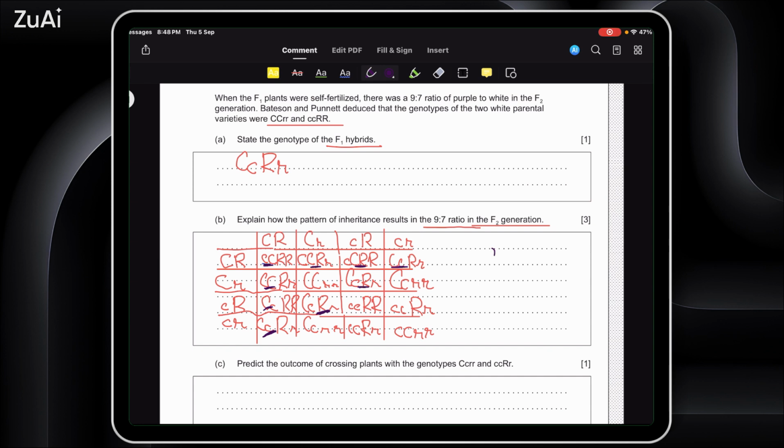We clearly see this is 9:3:3:1. Phenotypically, we see this is 9:7, where 7 is white and 9 is purple. So that's how you will get the 3 marks.